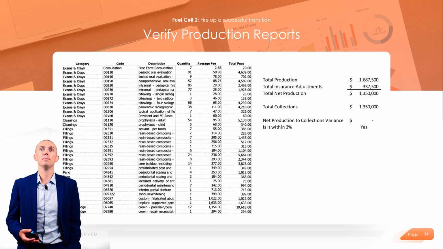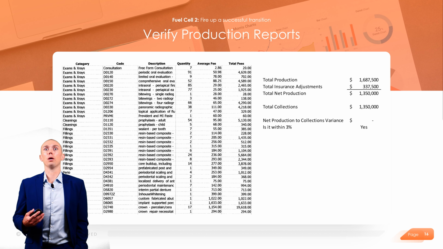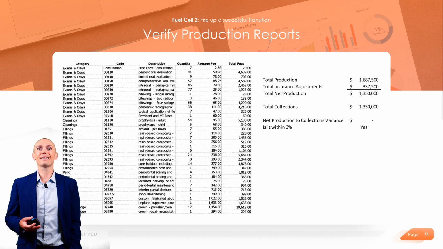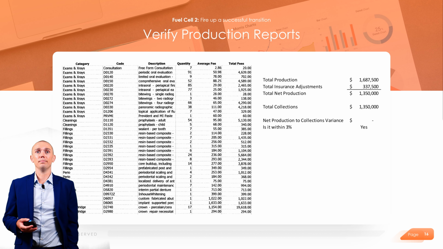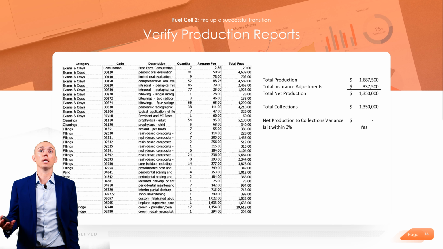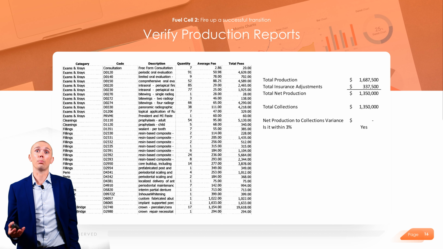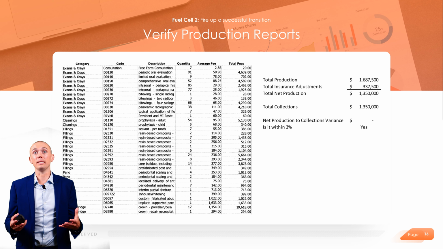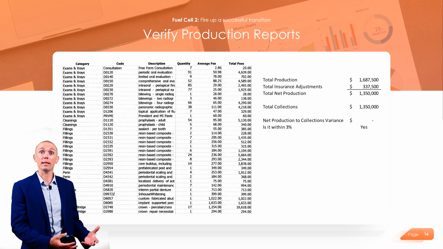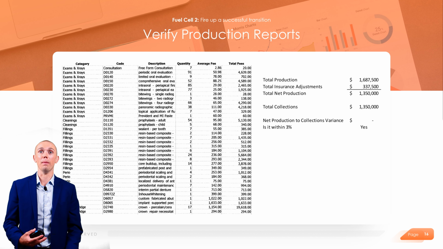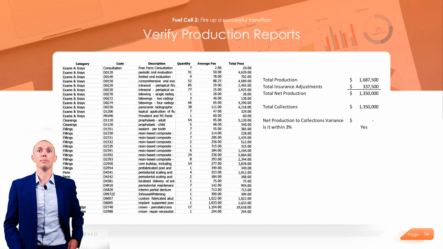You'll see sometimes that net production numbers are much higher than the collection reports. Meaning when net production numbers are much higher than collections, the difference can sometimes be that there are a lot of cash collections that are running through the practice, and the seller is simply taking the cash collections and not depositing them in the bank accounts, and more or less just stuffing it under a mattress and avoiding income taxes.